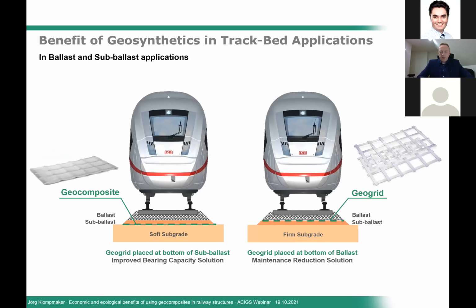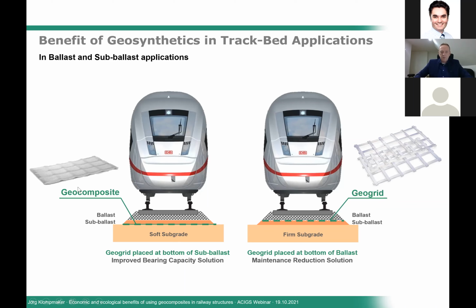Next, we will look into the functions of the geocomposite or the geogrid, depending on where it is installed in the railway track. First of all, we can install a geocomposite between the subgrade and the subballast or ballast, depending on where we are in this world. Sometimes there is no subballast layer and the ballast layer is directly placed on the soft subgrade.